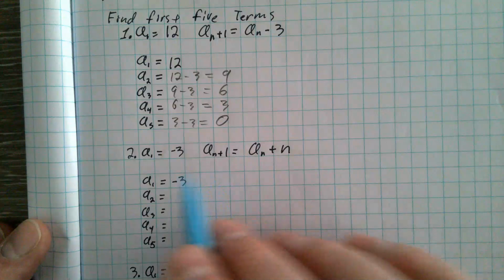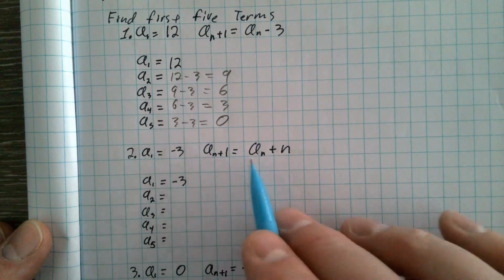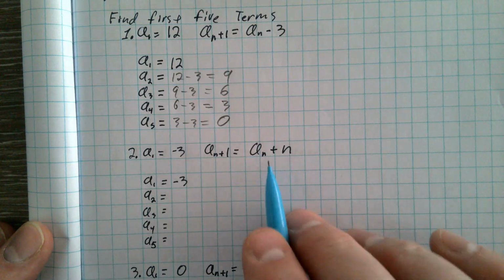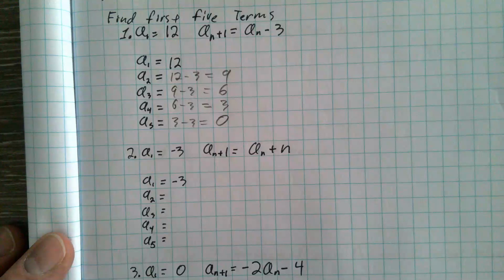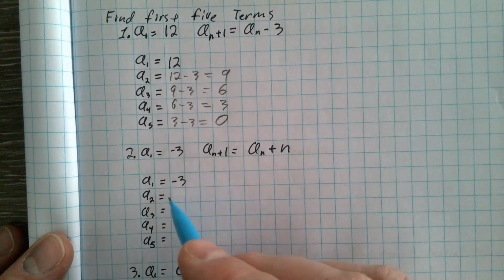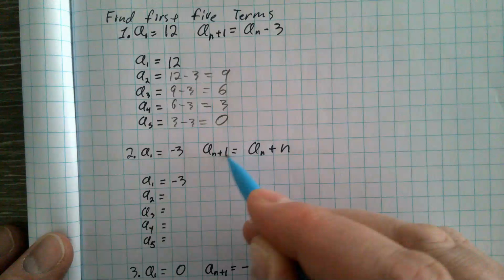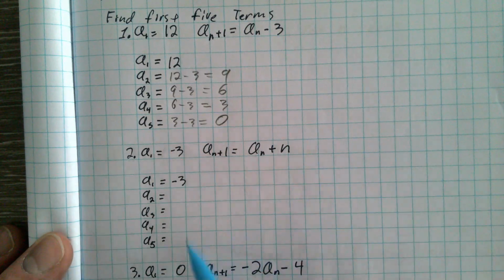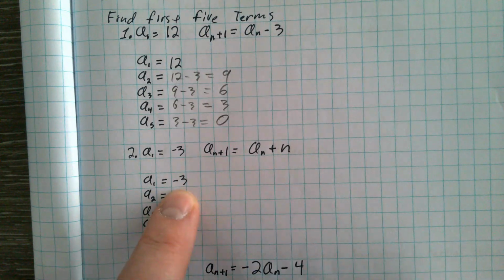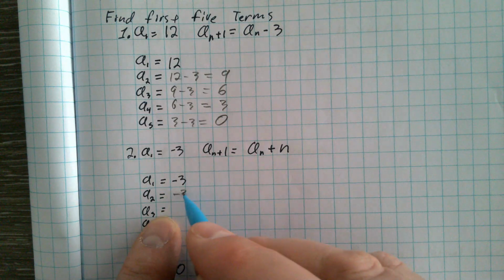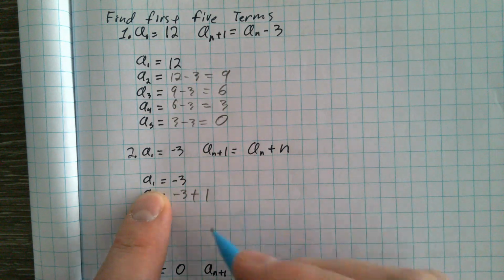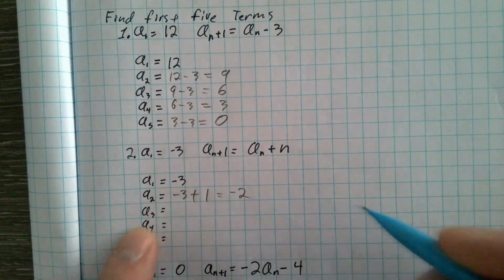Here, what do we do? Well, for each new term, we take the previous term and we add whatever our n value is. So here, A2 equals A1 plus 1. A1 is negative 3 plus 1, because that's our n value, which equals negative 2.